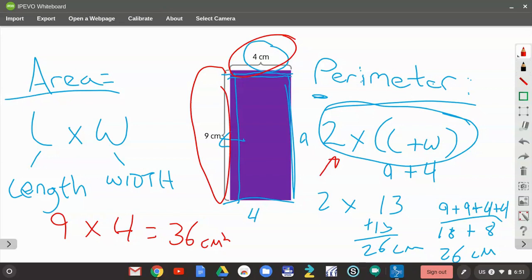You're going to be dealing with some bigger numbers, and you're obviously going to have to write out your work. But you just need to get that plan in your head. Perimeter is plus, add up all the sides. Area tells me the inside, length times width. If you can get that formula of length times width for area, and then just adding up all the sides for perimeter, you're going to be golden for this lesson. Good luck.